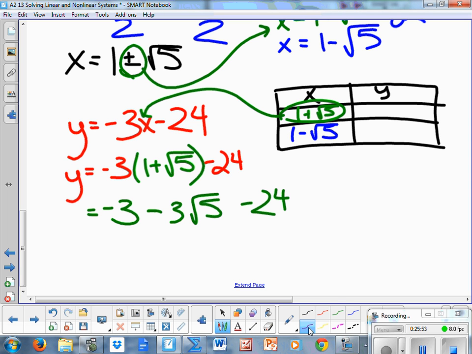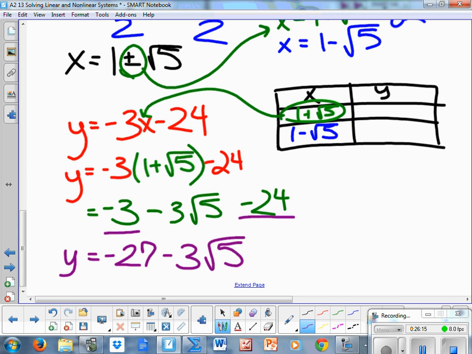So I have my negative 3 minus 24, that gives me a negative 27 minus 3 square roots of 5. Okay, so that gives me one of my lovely y values. This one can go up here: negative 27 minus 3 square root of 5.